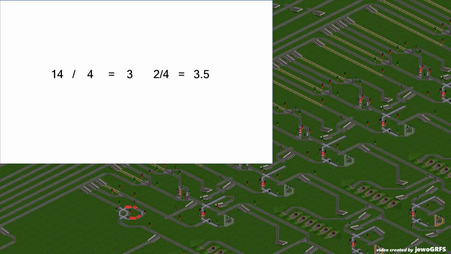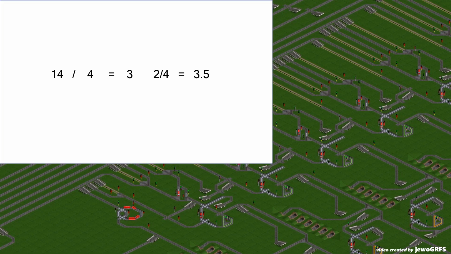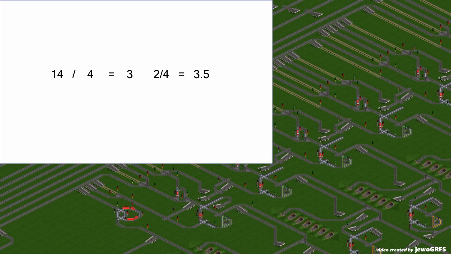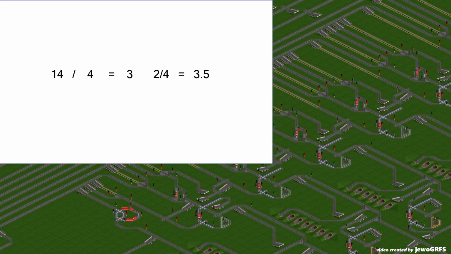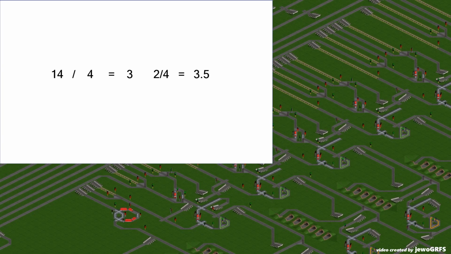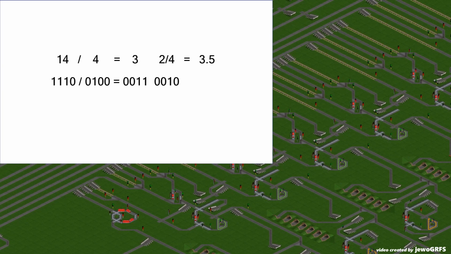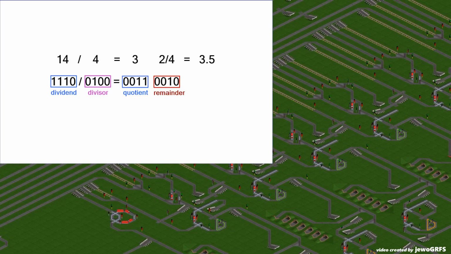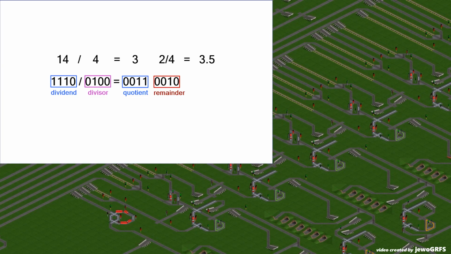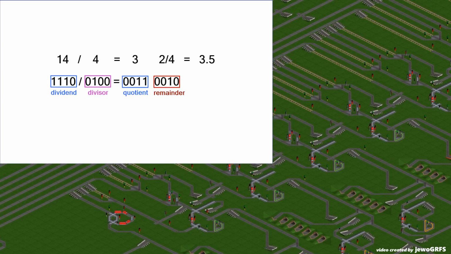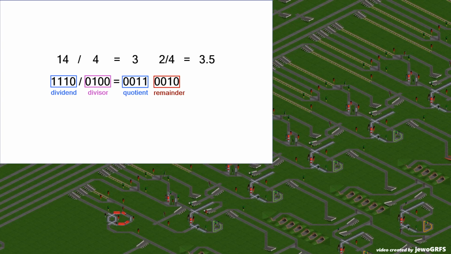I want to explain this algorithm by doing an example, like over here, 14 divided by 4, and that equals 3 and 2/4. Now we will use binary numbers, and it means that we need some kind of memory registers. So definitely we need something for the dividend, something for the divisor, something for the quotient, and the remainder.